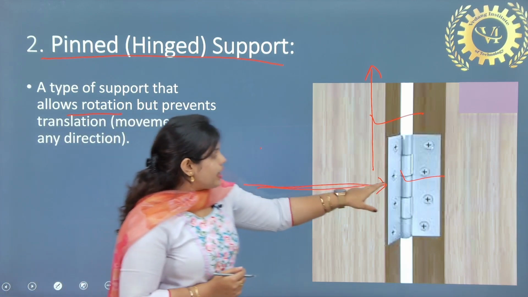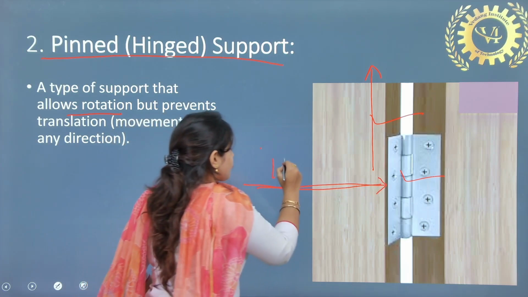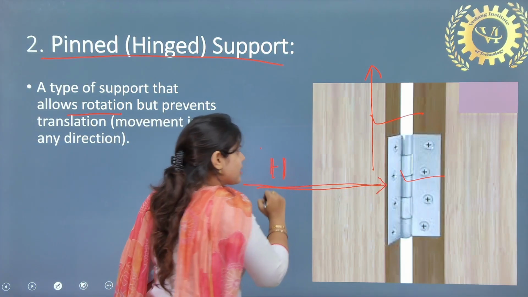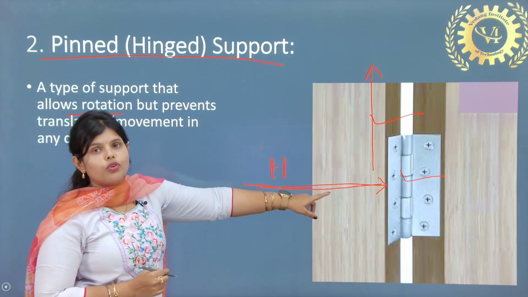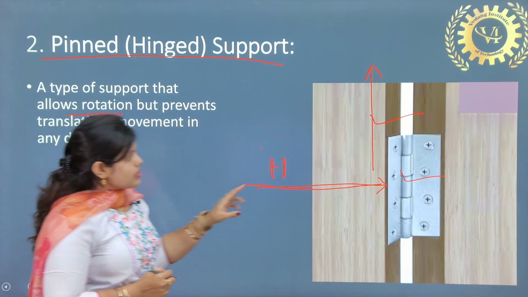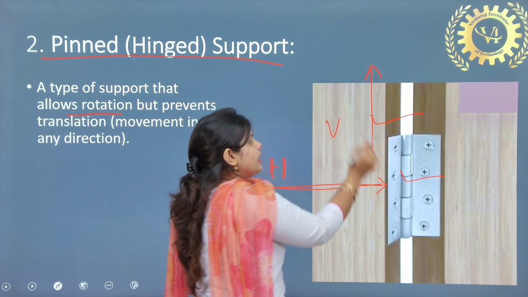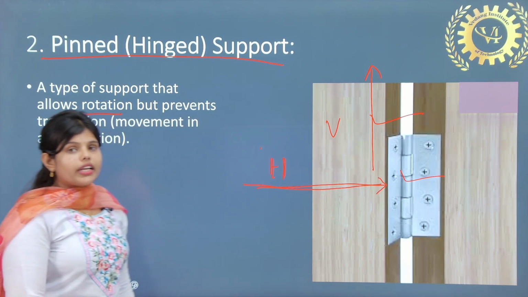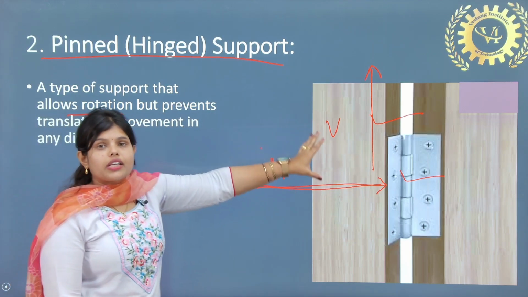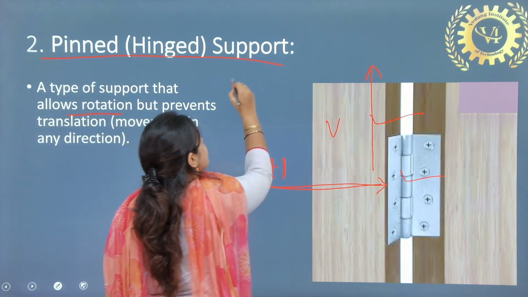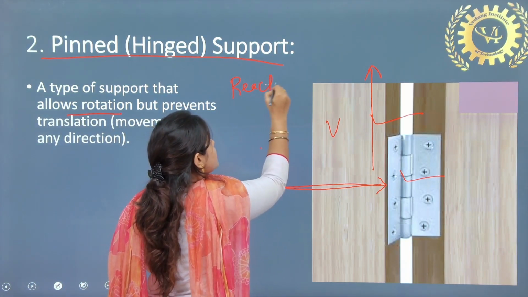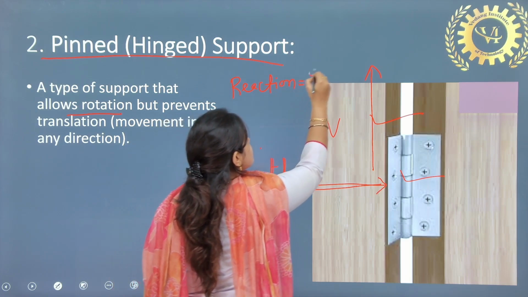One is horizontal, it gives reaction, that's why it can't move horizontally. Similarly, vertically it gives reaction, that's why it can't move. We are counting the reactions. So in the case of a pin joint, the number of reactions is 2.